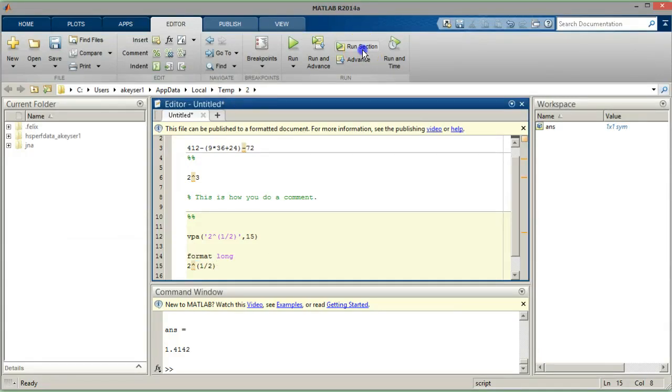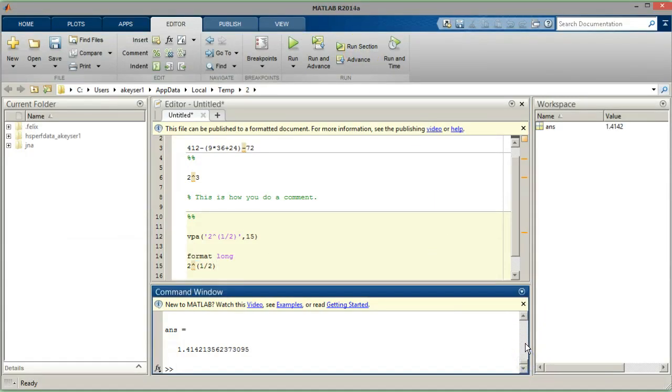Let's see. Alright, so if we run this, the format long is giving me this expression. There are two answers it's giving me. The first one is the value precision accuracy one, and the next answer is the format long one.